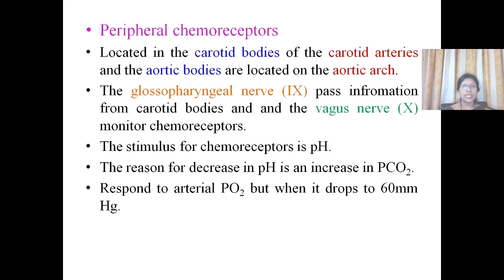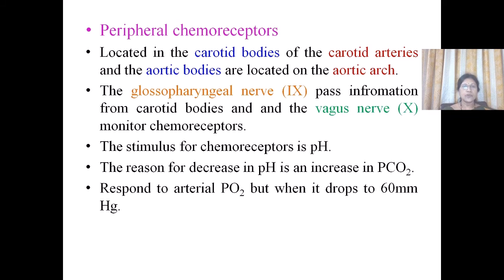Now, peripheral chemoreceptors. Peripheral chemoreceptors are located in the carotid bodies of the carotid arteries, and the aortic bodies are located on the aortic arch.